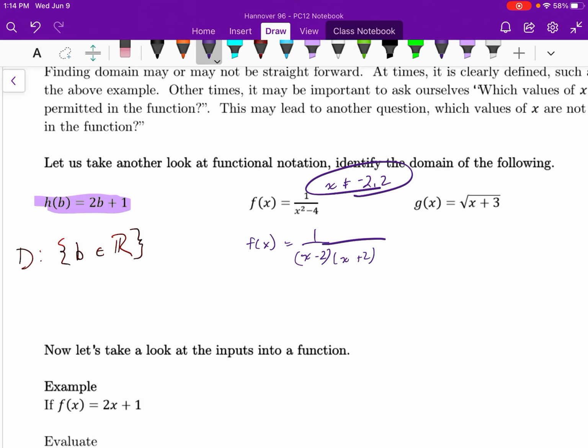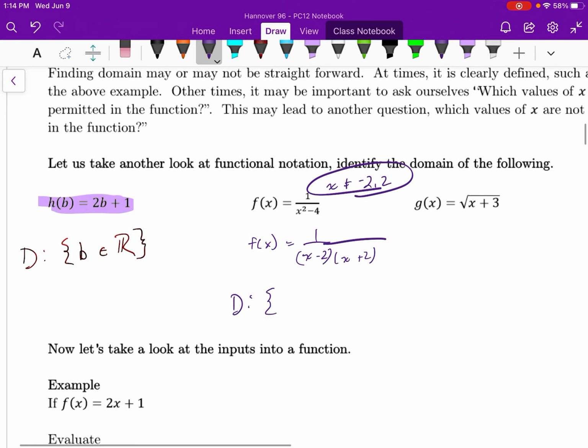You have non-permissible values of x cannot be equal to -2 or 2. So the domain is probably best described as x exists such that x cannot be plus and minus 2, but x is an element of the reals.